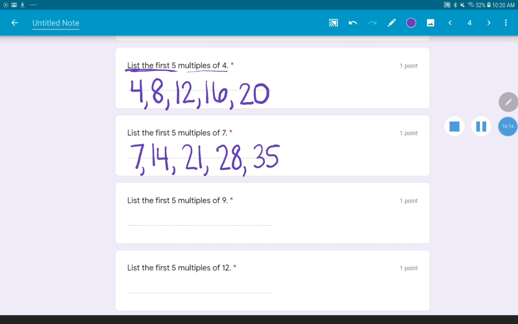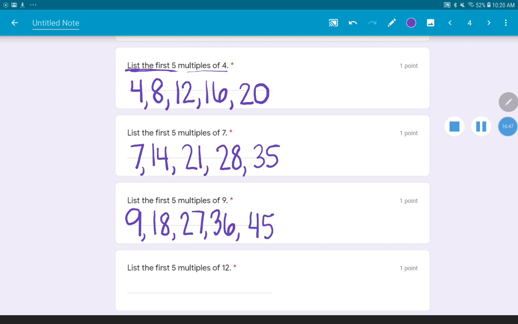So the first 5 multiples are 7, 14, 21, 28, 35. Next, we're listing the first 5 multiples of 9. We're skip counting by 9s. 9, then 18, 27, 36, then 45. Very good.